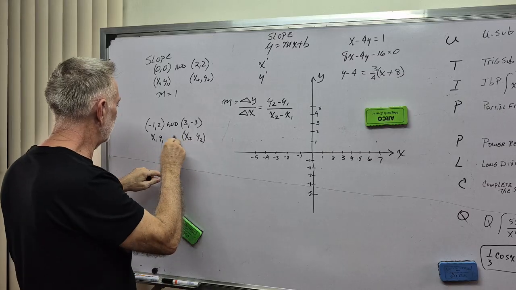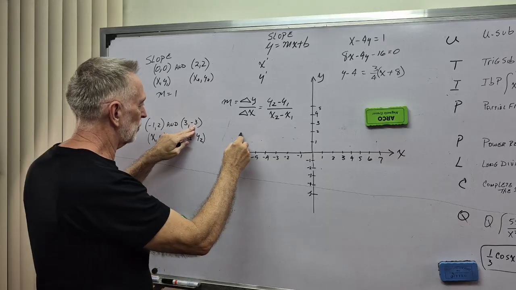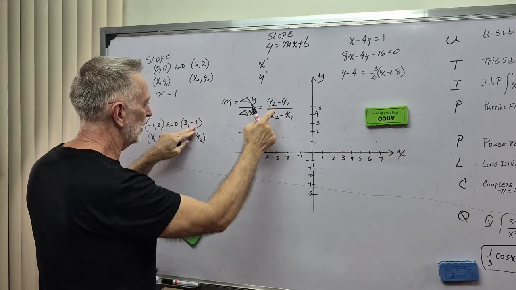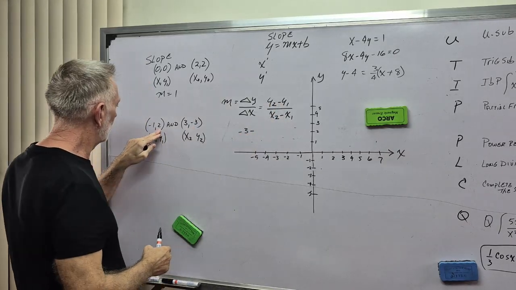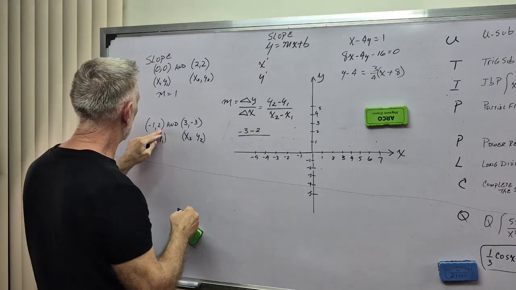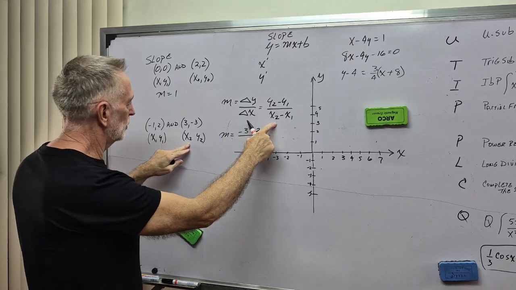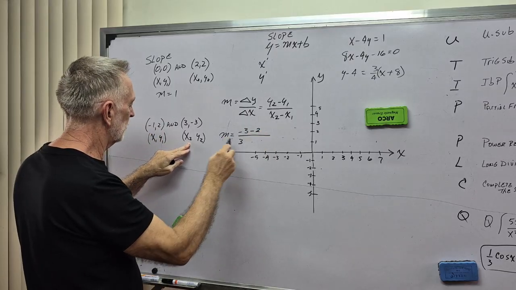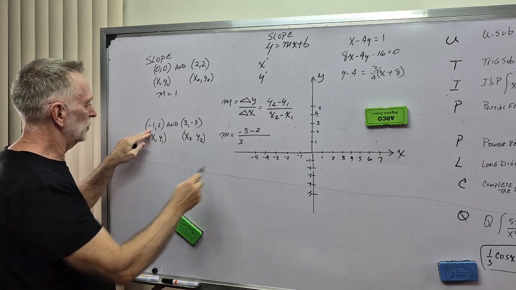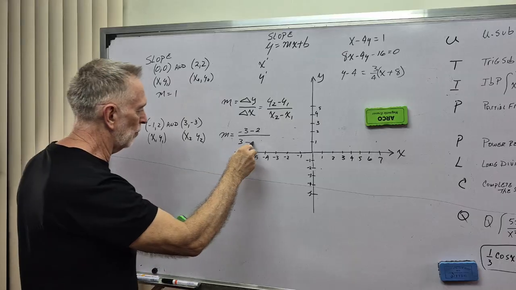So I have y sub 2, which is negative 3, minus y sub 1, which is 2, over x sub 2, which is 3, minus, but what is x sub 1? It's a negative 1.